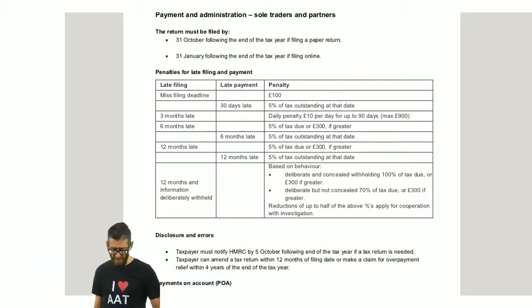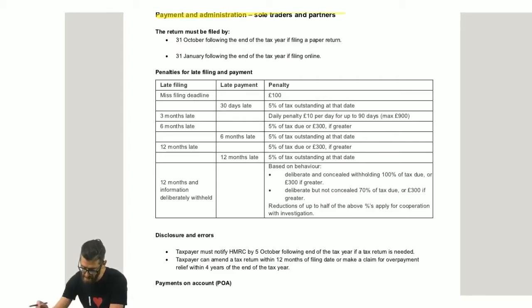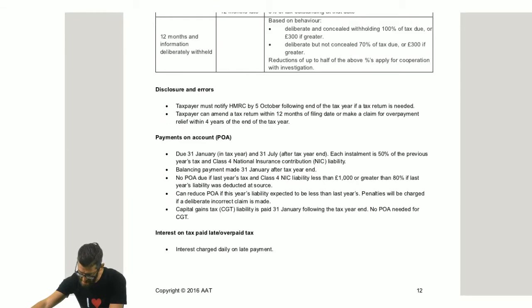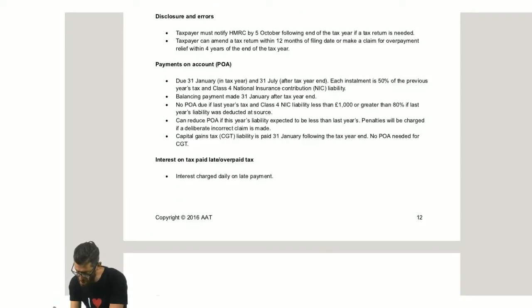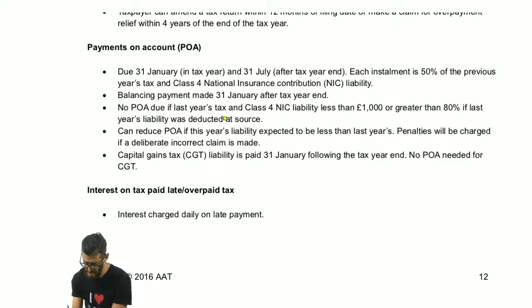And in the information provided to us on the day of your exam, under the name reference material, there will be a page called Payment and Administration. And down here, beautifully on page 12, can you see that okay? Let's make it ever so slightly bigger. Here we go. There's a thing called payments on account.